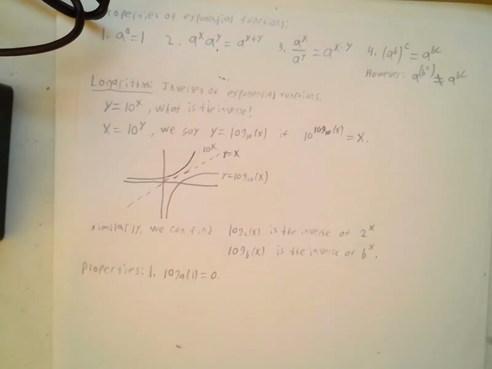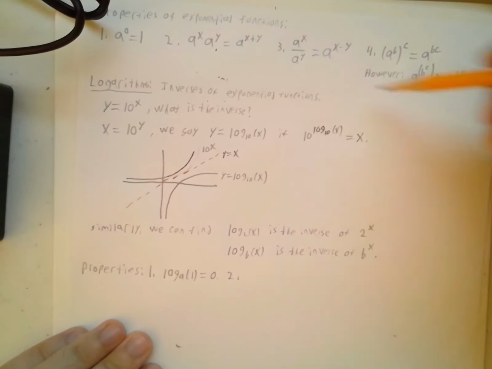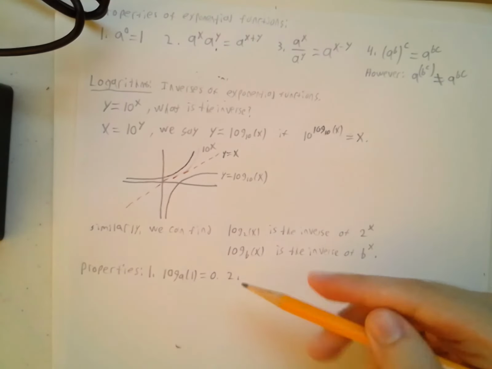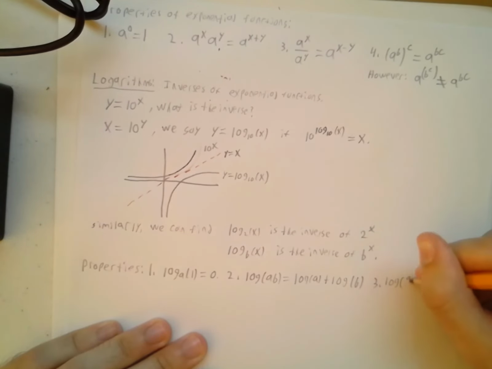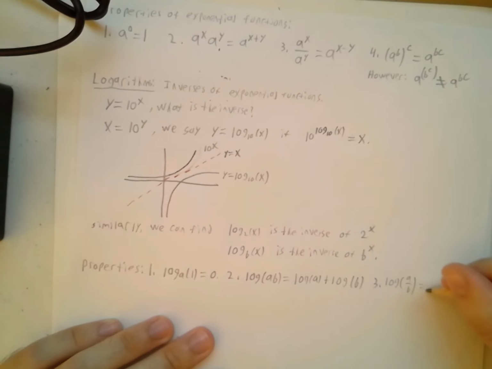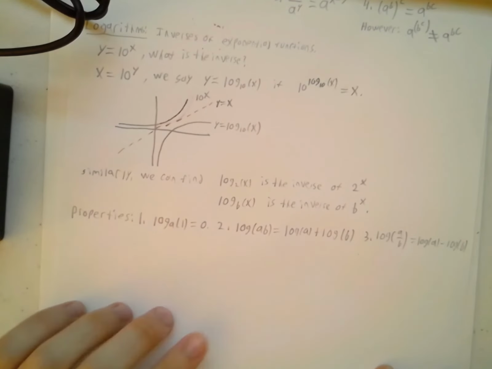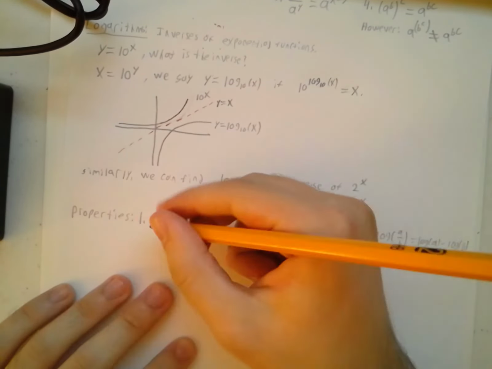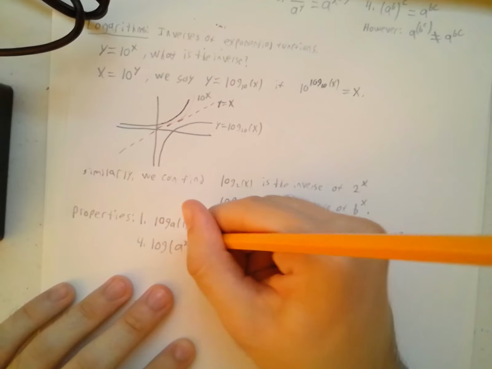And similarly, all of these properties up here for exponentials will have a corresponding property for logs. So log of AB is equal to log of A plus log of B. Log of A divided by B is equal to log of A minus log of B. And maybe one of the most useful ones is that if we have log of a to some power, then we can bring the power outside of the logarithm, so we get x log of a.